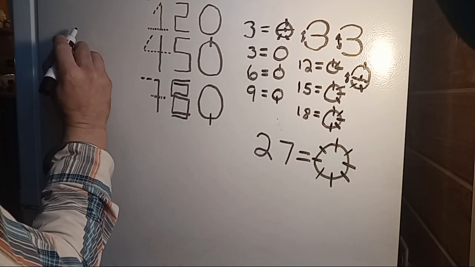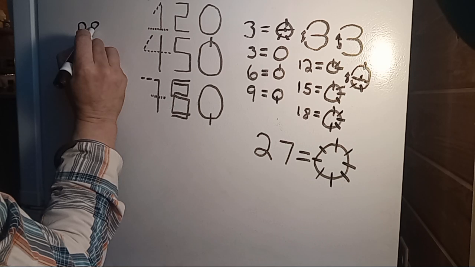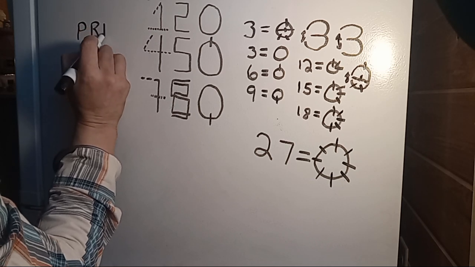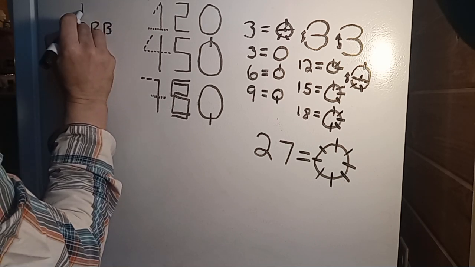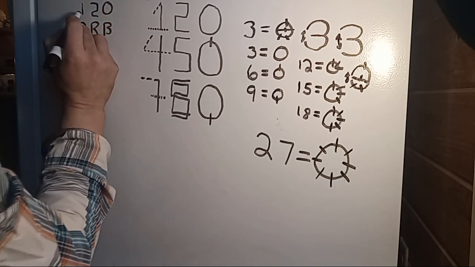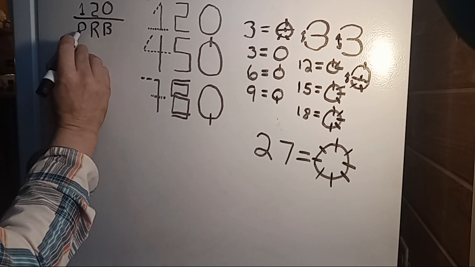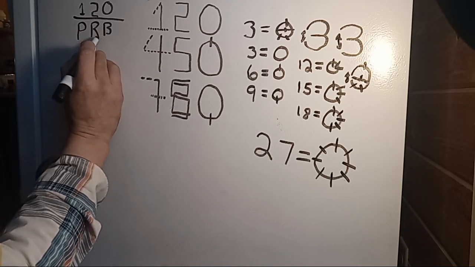So we have P, R, B. 1, 2, 3. So what we have there is the 1, 2, and 3. I think you can see it.